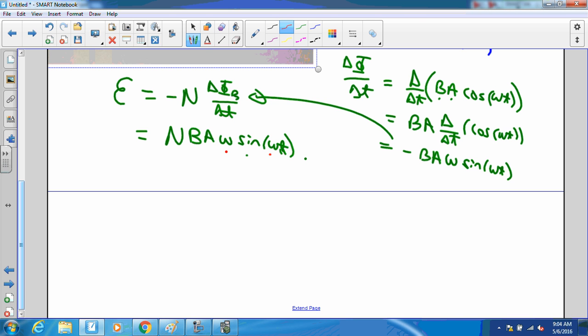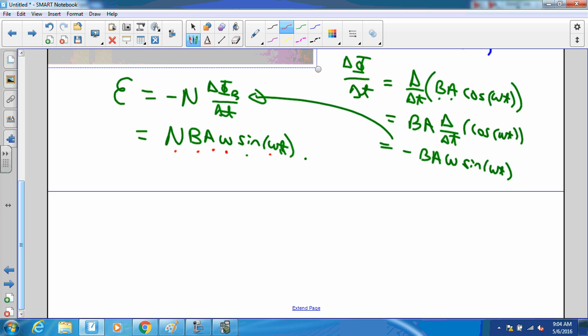That's the first thing. The second implication is that I can increase my EMF with the rotational speed, but I can also increase it by increasing any one of these factors. The more coils I have around my generator, the more effective it's going to be. Now you can see why we use a lot of coils. If I want to double my EMF and I have a choice between twice as many coils or rotating it twice as fast, I know which one I'm going to pick.